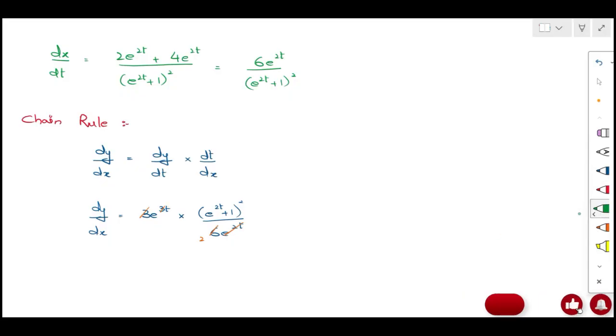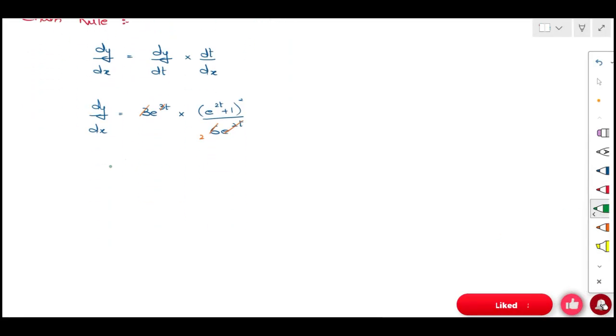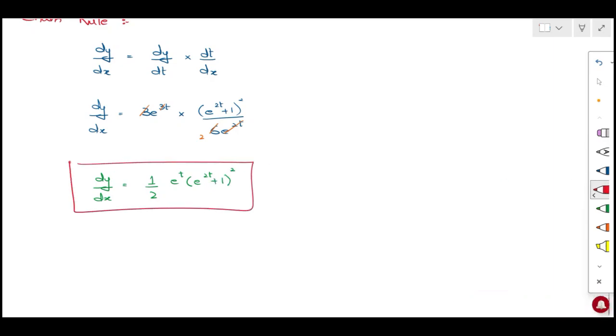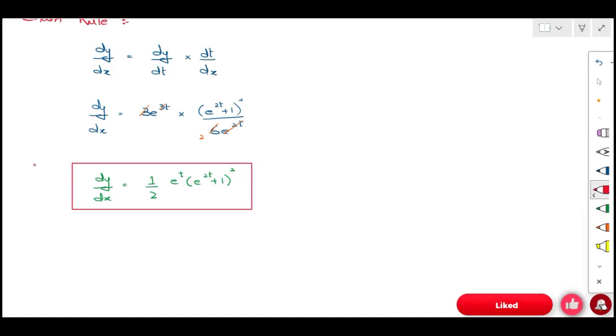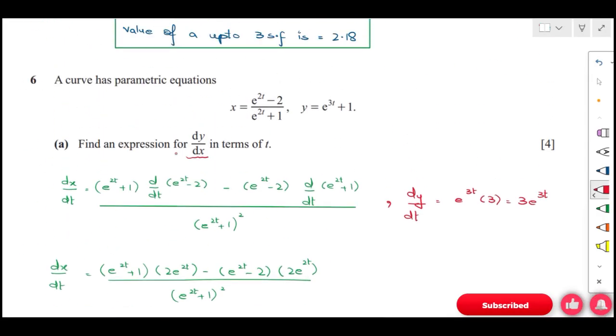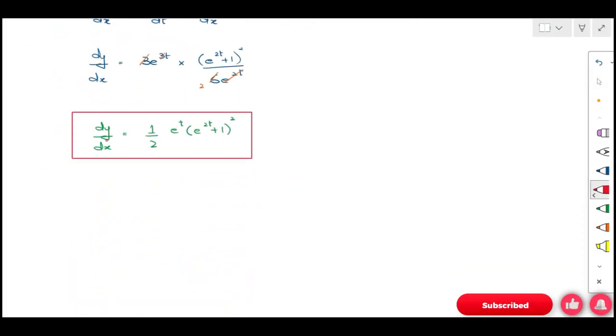So the simplified expression we can say is dy/dx, this is 1/2, okay, e^t into (e^(2t)+1) whole square, right? So this is a simplified expression for the derivative dy/dx in terms of t. We need to find the expression of dy/dx in terms of t. This is dy/dx in terms of t.